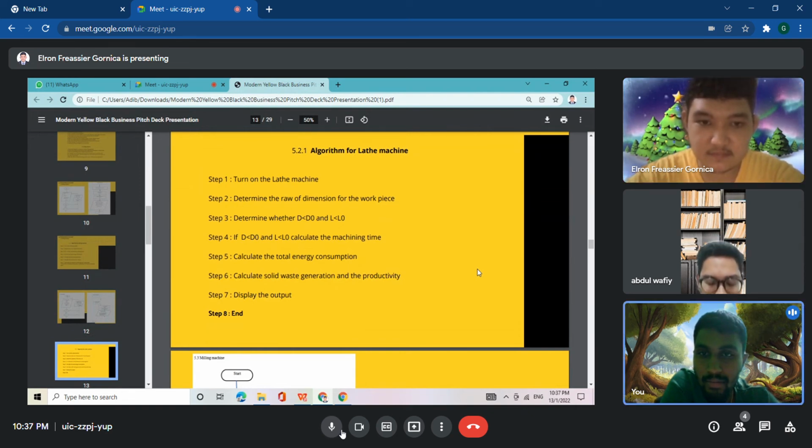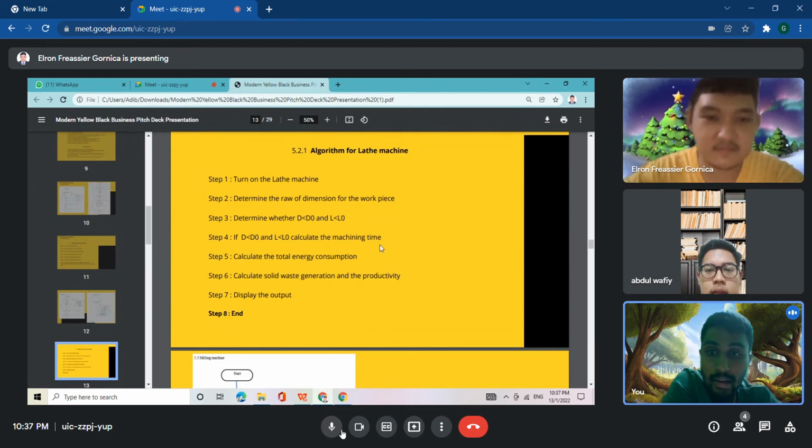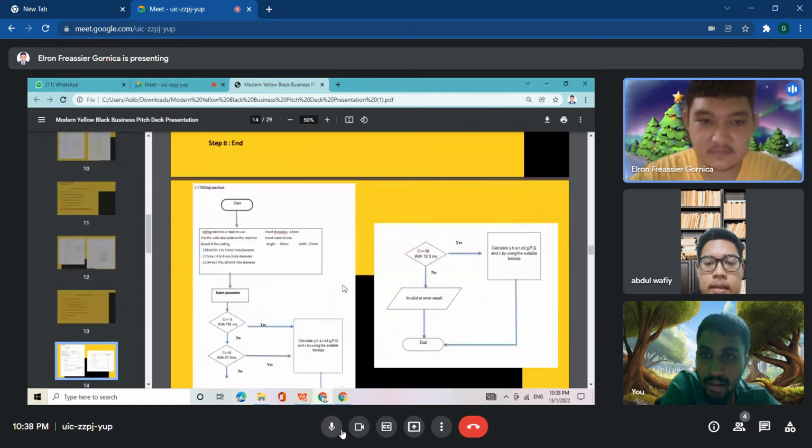Step 3, determine whether D is below D naught and length is below length naught. Step 4, if D is below D naught and length is below length naught, calculate the machining time. Step 5, calculate the total energy consumption. Step 6, calculate the solid waste generation and the productivity. Step 7, display the output. And the last step, we end the program.